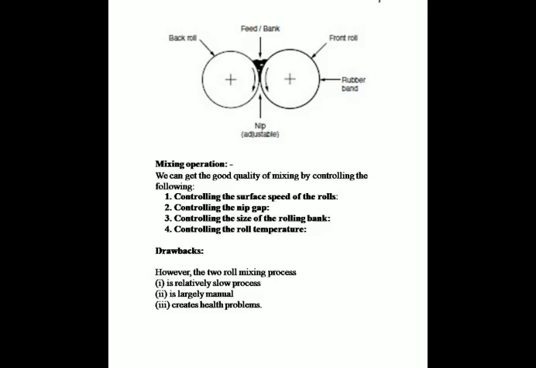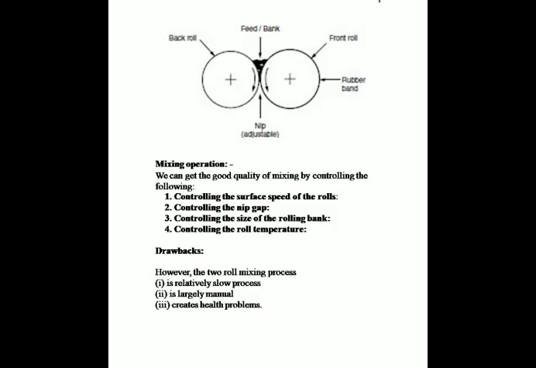There are certain drawbacks, however, to the two-roll mill mixing process. It is a relatively slow process, and this process is largely done manually only. So laborers are required, and it also creates health problems due to dust formation.